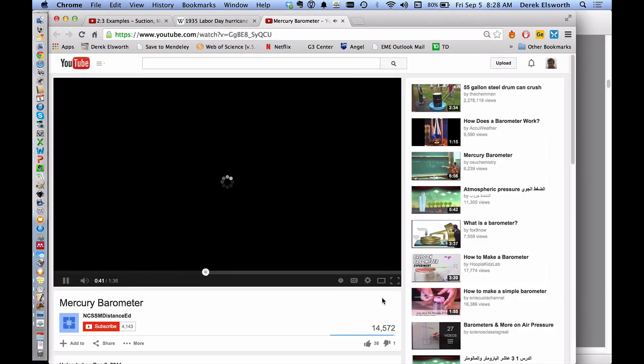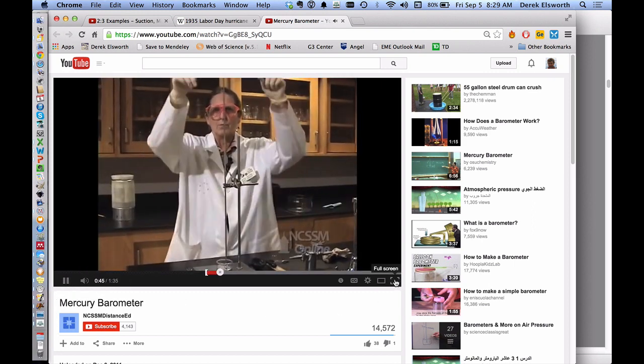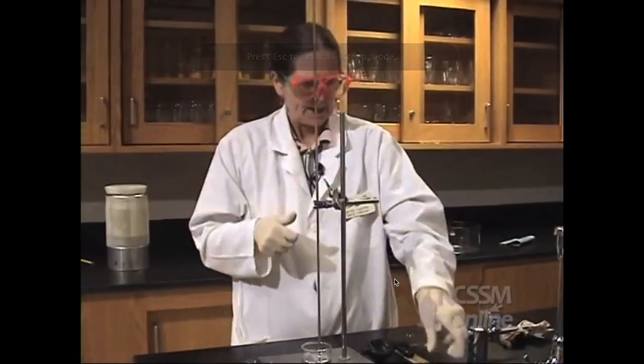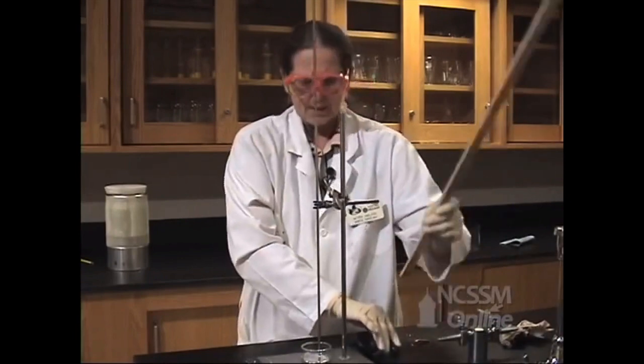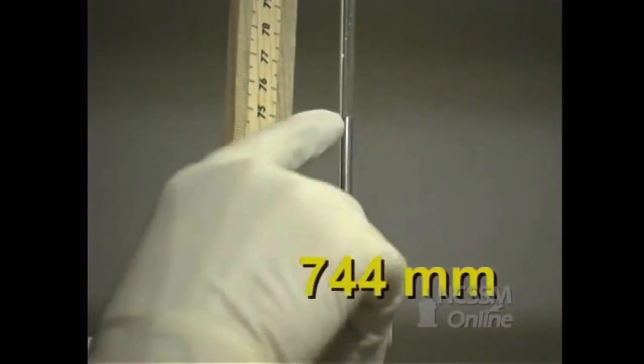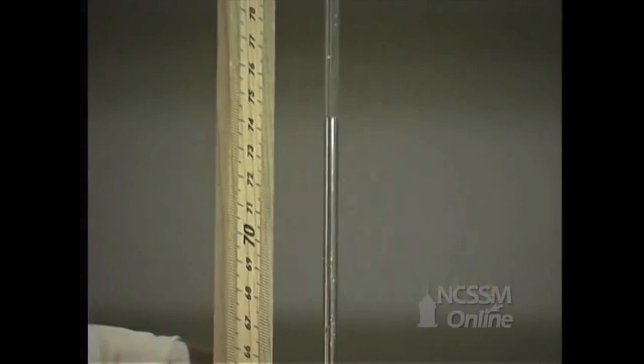Now, what's keeping this mercury column so high? It's atmospheric pressure pushing down on the mercury, pushing this up. And let's see how tall our column is. 744 millimeters.